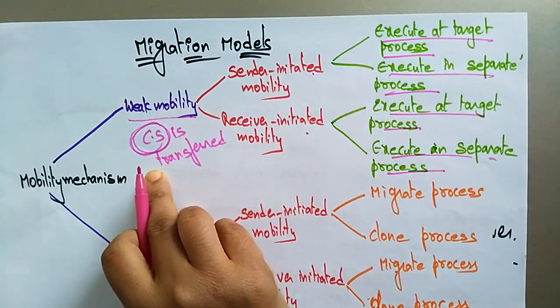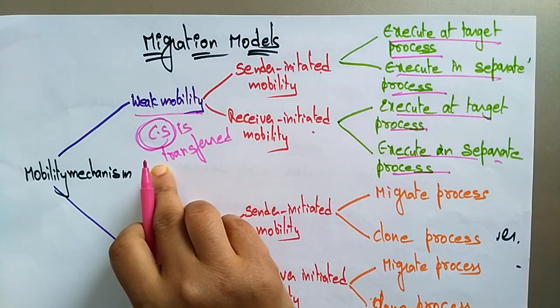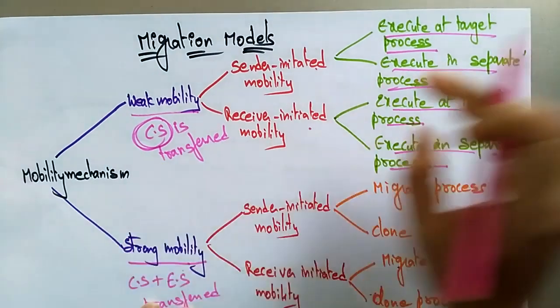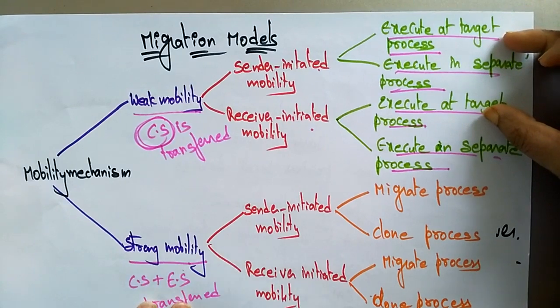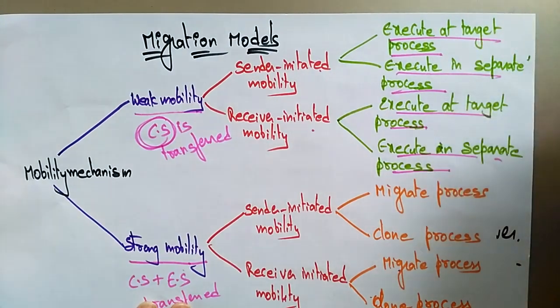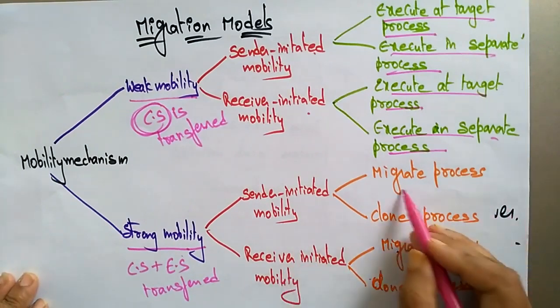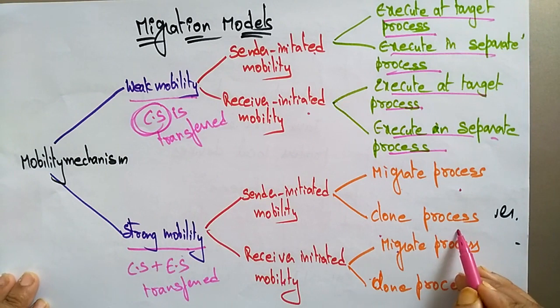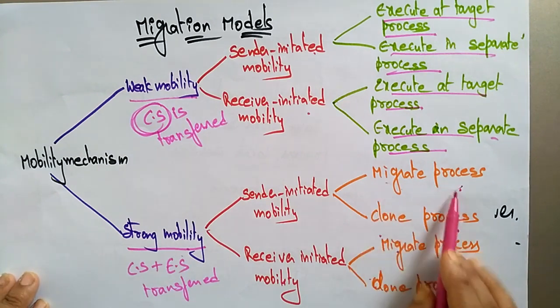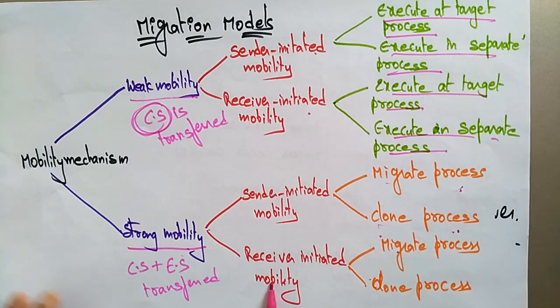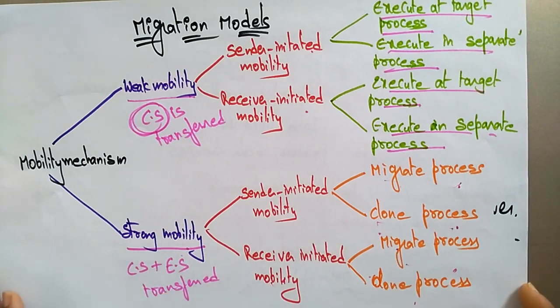Whenever the code segment is transferred from sender to receiver or receiver to sender, it performs the same operation: execute the target process in a separate process. Whereas in strong mobility, with sender initiation, it migrates the process or clones the process. In the same way, with receiver initiation, it migrates the process or clones the process.